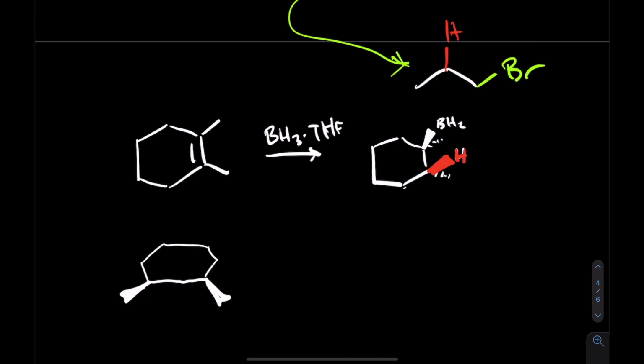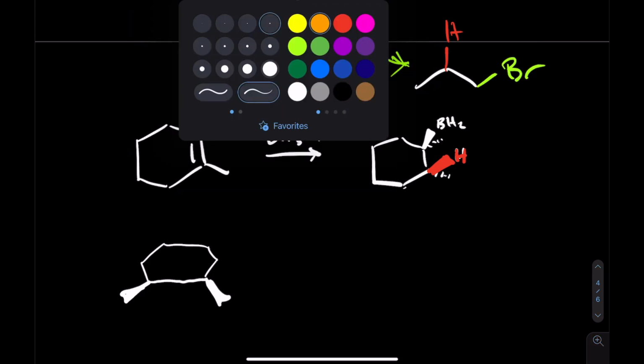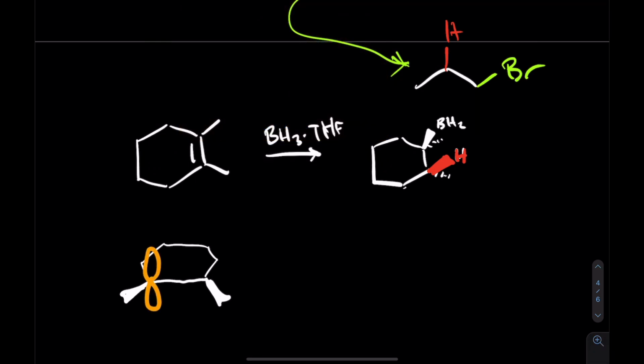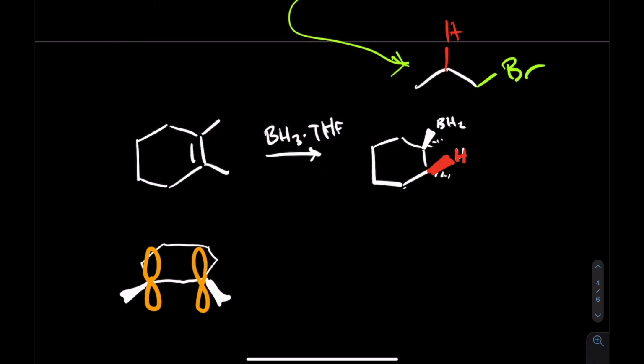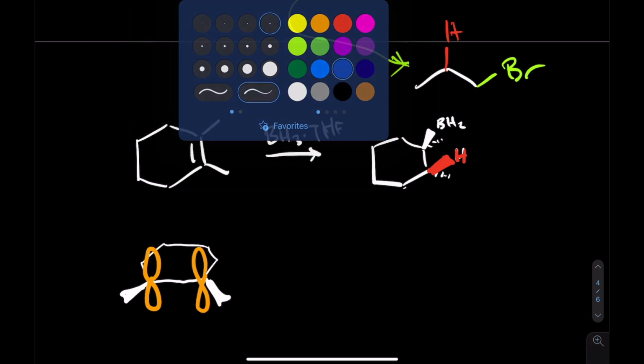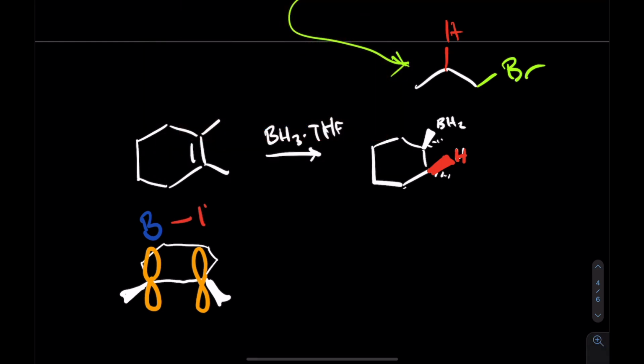Remember that the pi system exists above and below the plane, and boron, usually blue, has a hydride over here, and here, and here. Or an H and an H and an H.